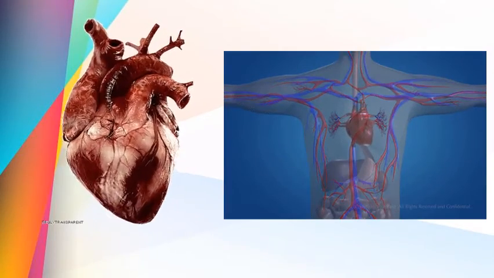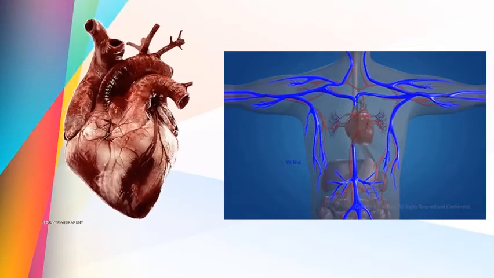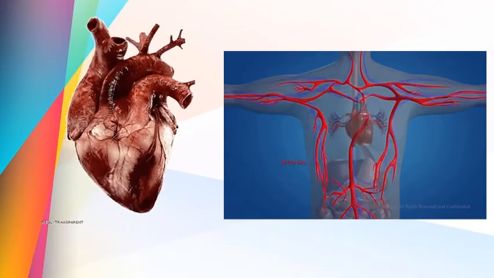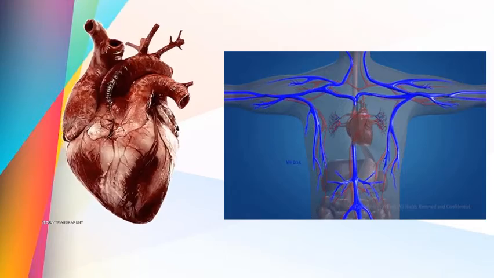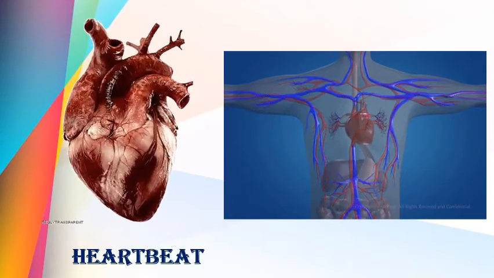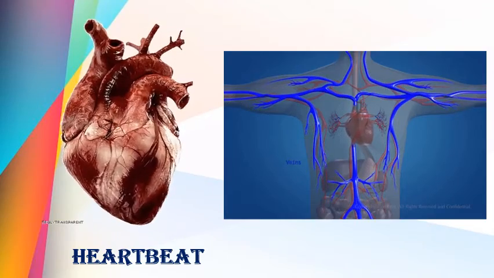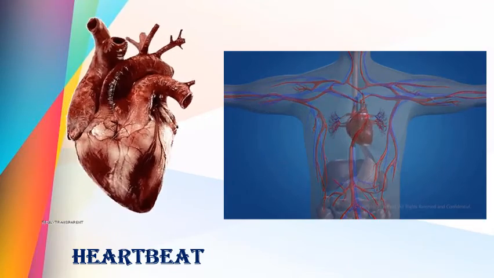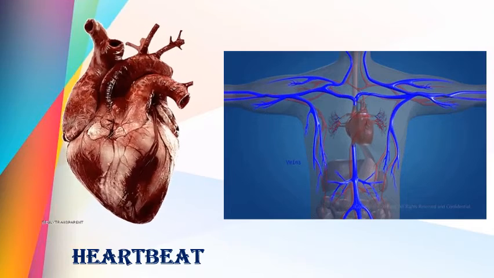When the heart contracts, the blood from the heart gushes out into the blood vessels. And the contraction of the heart is called a heartbeat. Got this? The contraction of the heart is called heartbeat. Okay?